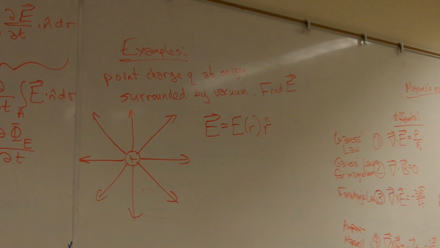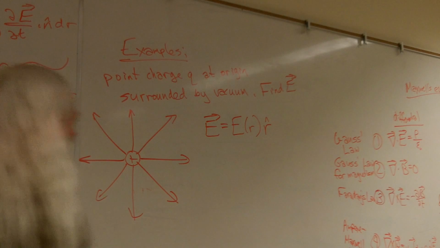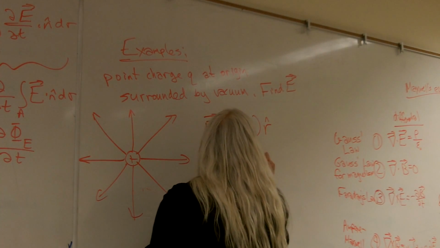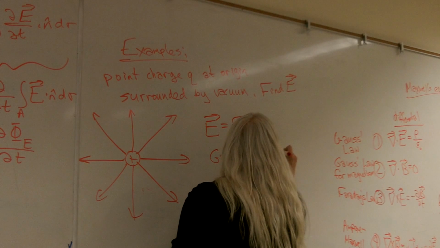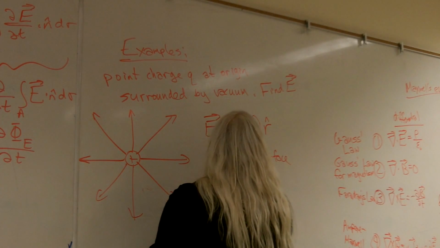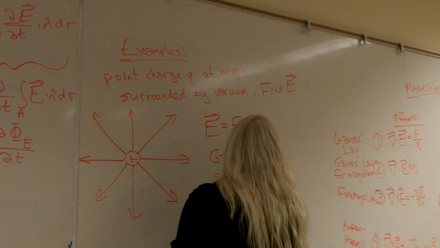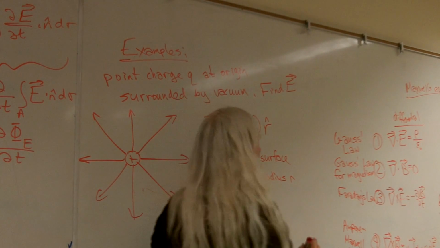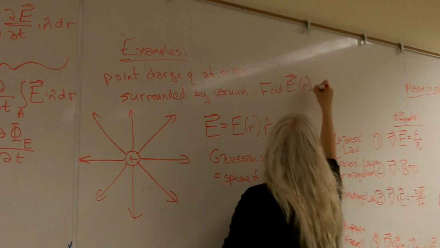Now, you really don't have to assume that. What we're going to choose for our Gaussian surface here is a sphere of radius r. And we want to find the electric field as a function of r.